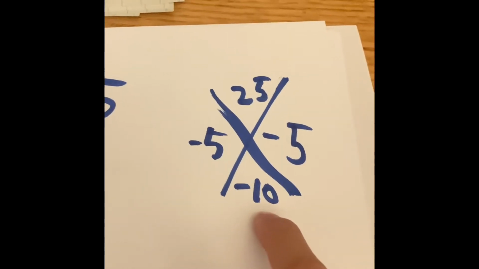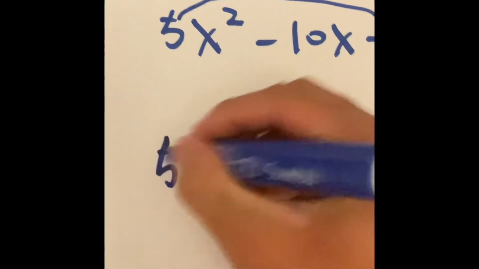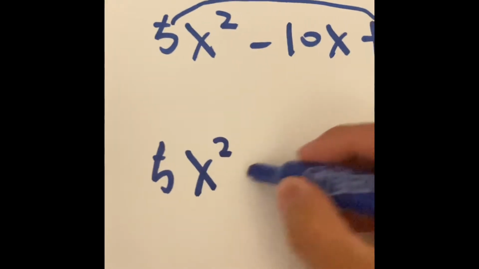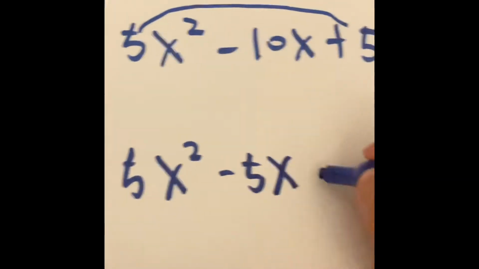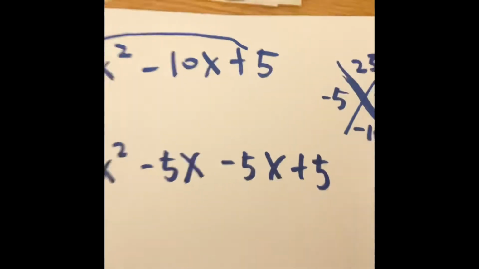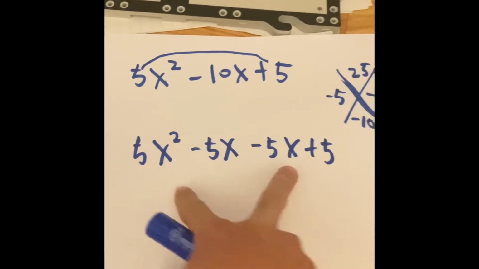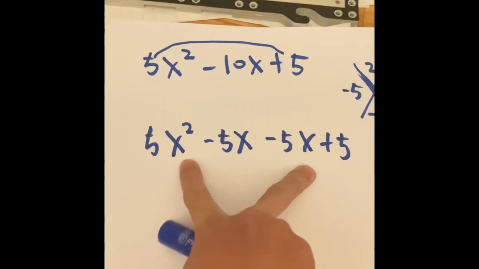So what we're going to be doing is writing below here 5x squared minus 5x minus 5x plus 5. What we just did is actually expand the quadratic trinomial.